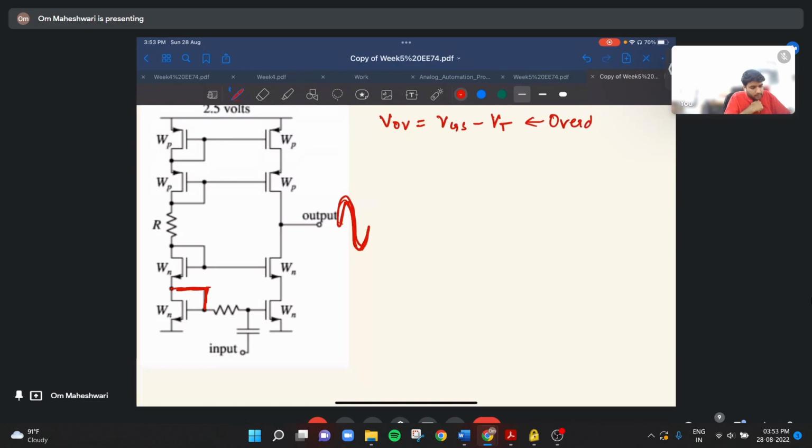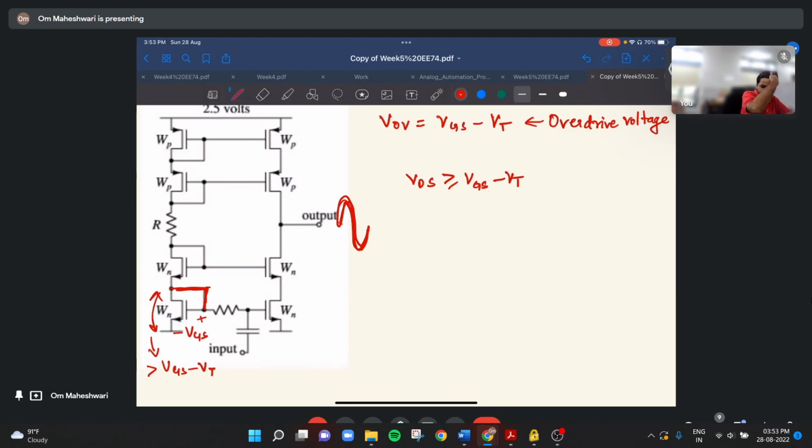This voltage is plus minus, let's say, VGS, and what we need here is that the voltage should be greater than VGS minus VT, right? VDS should be greater than or equal to VGS minus VT.